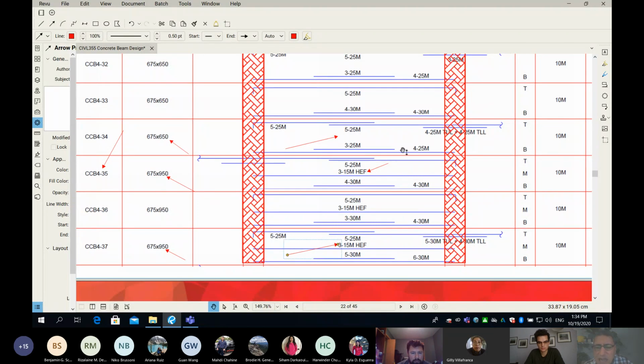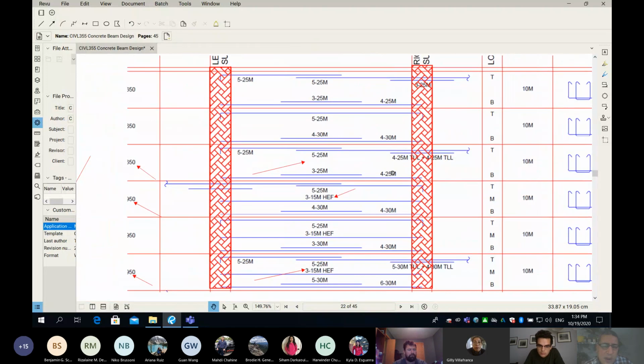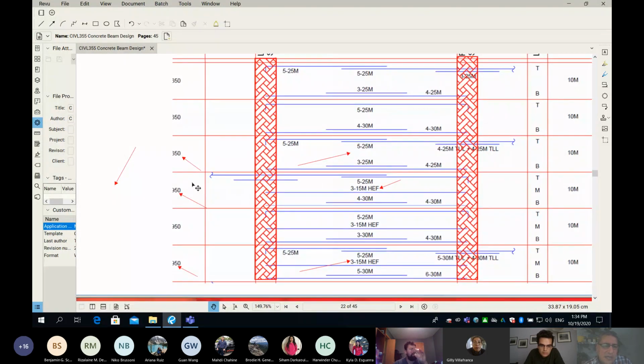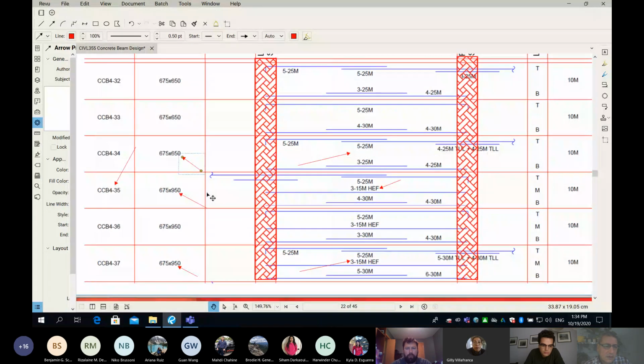Now, as we are looking at this picture, you can see there are some rebar going on top of the column. Let's go back. I'm going to clean because we have to focus on our beam, which is beam 35, I guess. Yeah, 35.